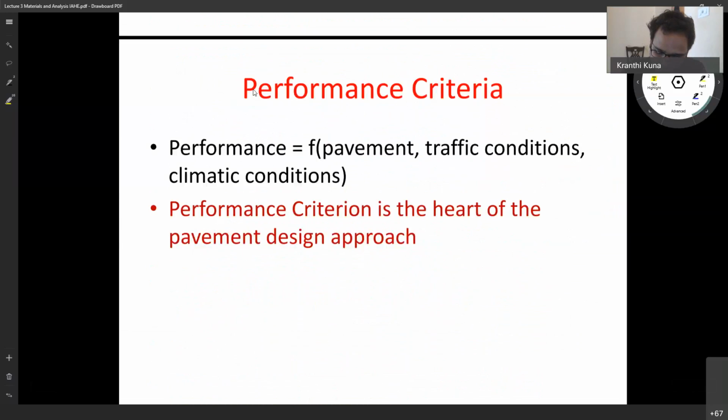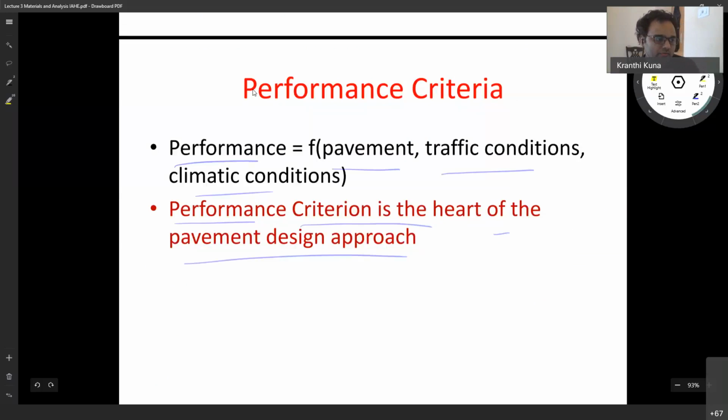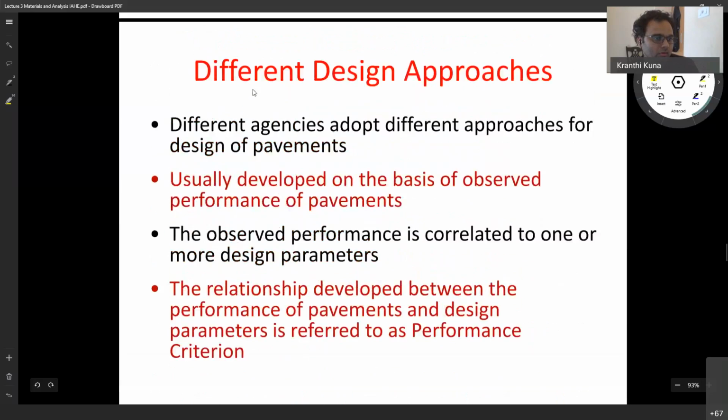Performance is a function of pavement, traffic condition, and climatic condition, which we discussed earlier as well. As we said, the performance criteria is the most important part of any pavement design approach. Different agencies adopt different approaches, usually developed on the basis of observed performance data.